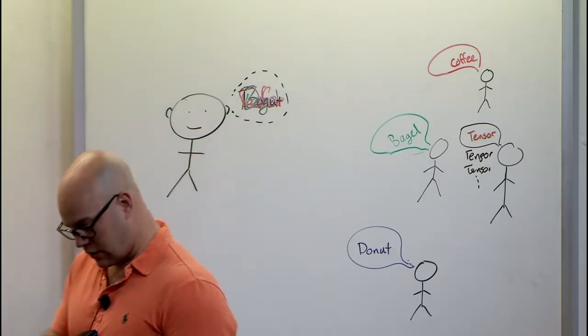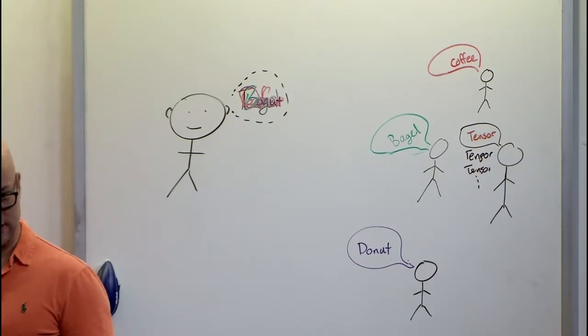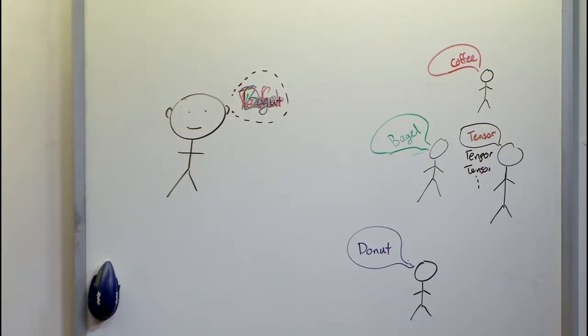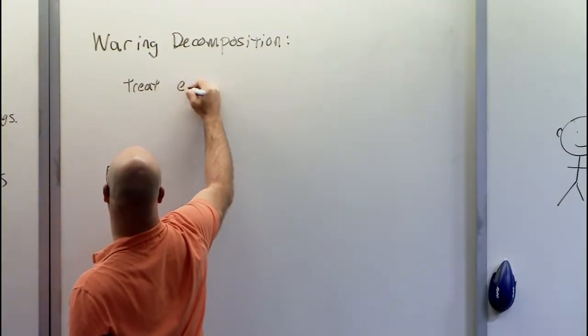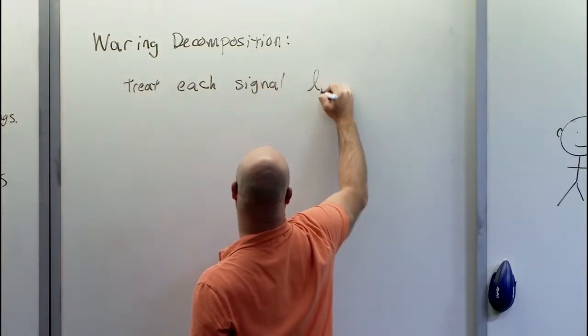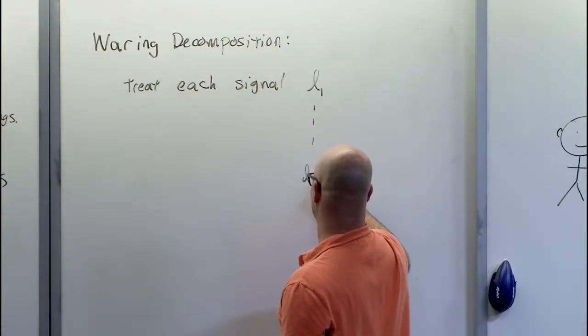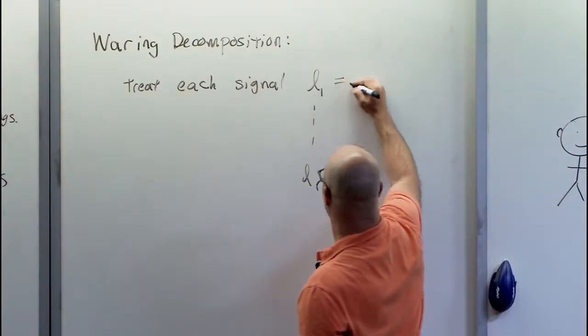And in Pierre Comon's lab in France, they actually are interested in this type of tensor decomposition, which is often called Waring decomposition. So the idea is treat each signal, say L1 down to L sub R, the R people that spoke, as a linear combination.